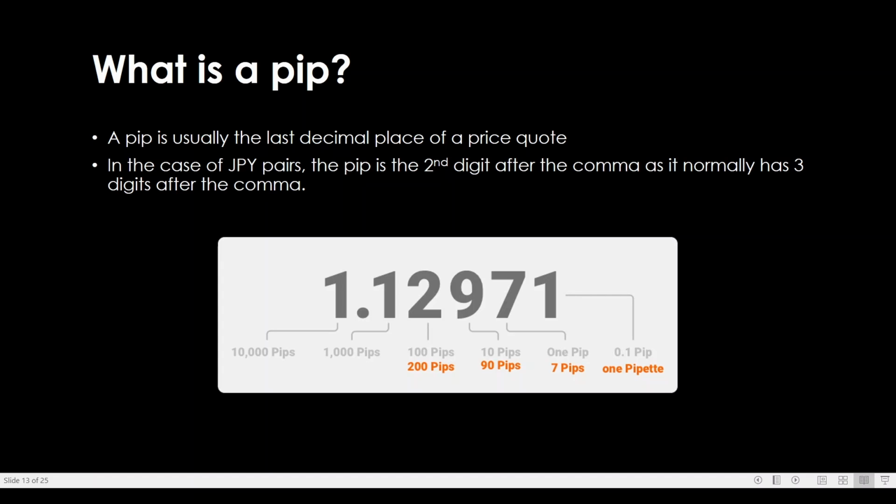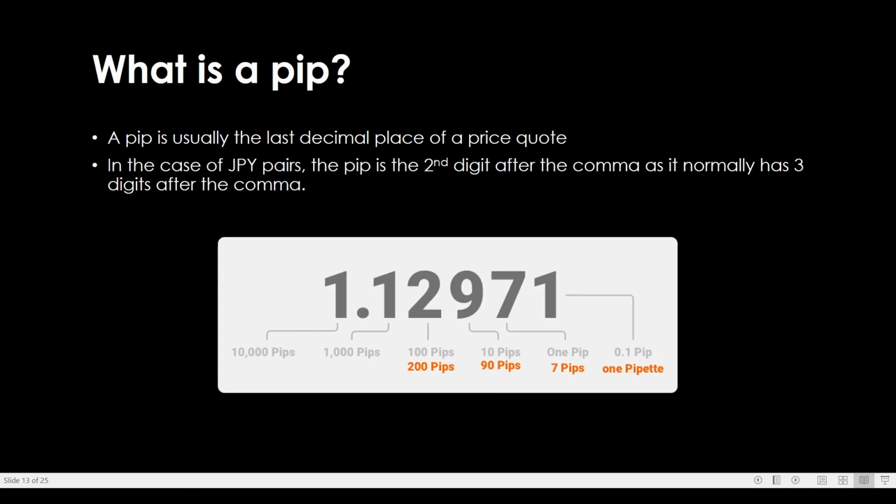Just like meters or miles are a measure of a change in distance, pips are a measure of a change in price. So when you hear a trader saying, I bought Euro USD and it moved 30 pips in my direction, what they are simply saying is that price moved 30 units in their favor, right?